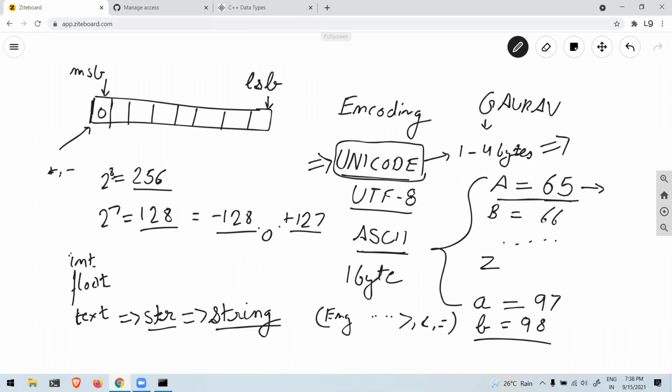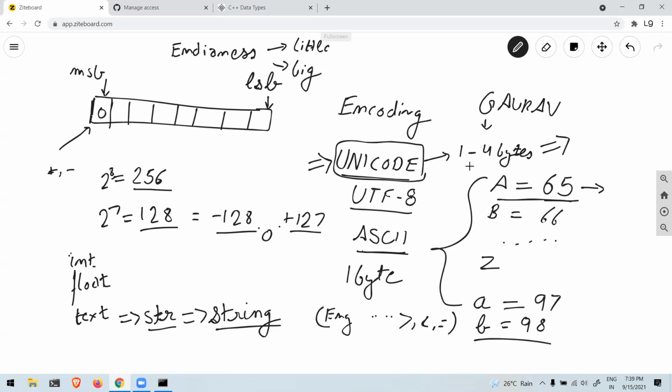It is called endianness. Endian means there are two kinds of systems. One is little endian and one is big endian.